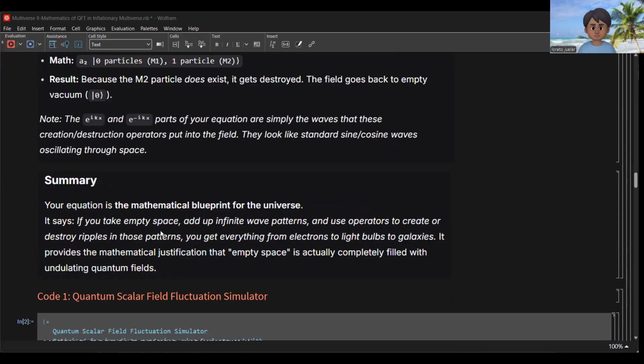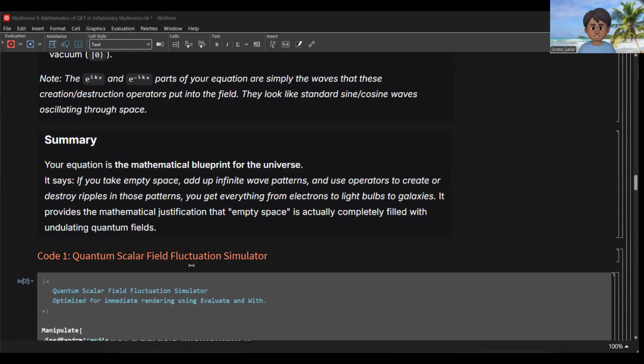It says if you take empty space, add up infinite wave patterns, and use the operators to create or destroy ripples in those patterns, you get everything from electrons to light bulbs to galaxies. It provides the mathematical justification that empty space is actually completely filled with undulating quantum fields.